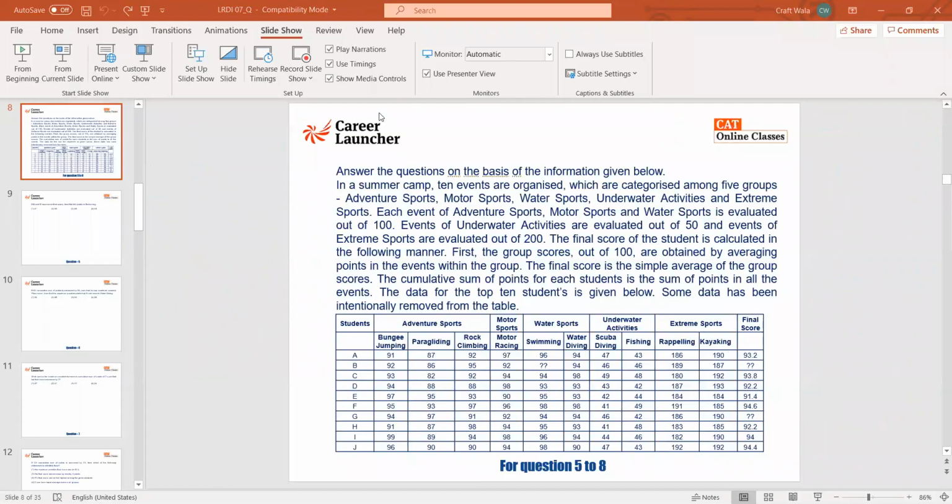So let's start writing. You need a 5 to make bungee jumping 98. Next, to make this 98, you will require 16. To make this 98, you will require a 6.